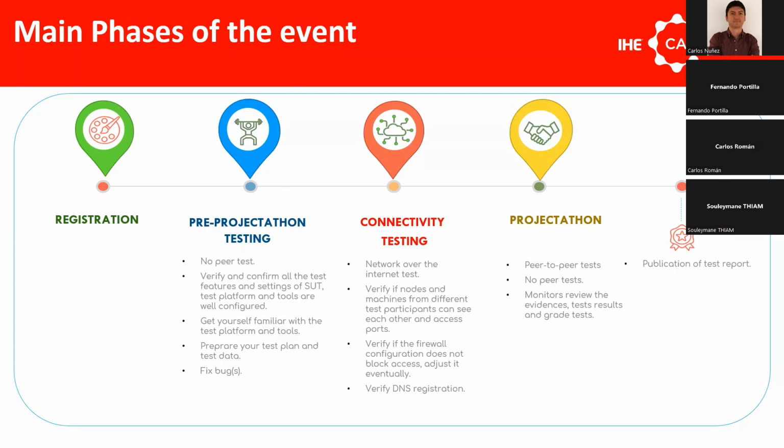So for this stage, it's only no-peer tests. You don't have any real partner to test with. That's the second stage. And then the third stage is the connectivity tests. The connectivity tests concern only the participants that are participating in the event remotely. It's generally some network testing.